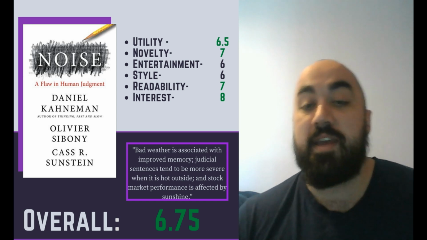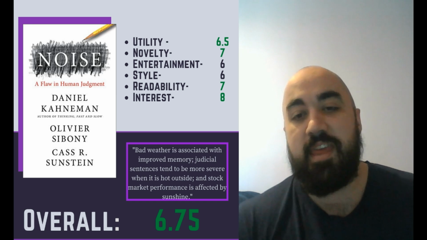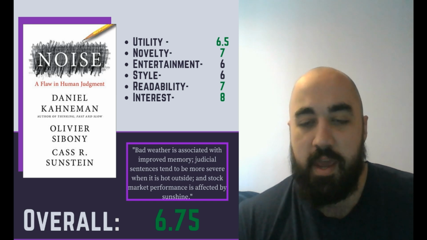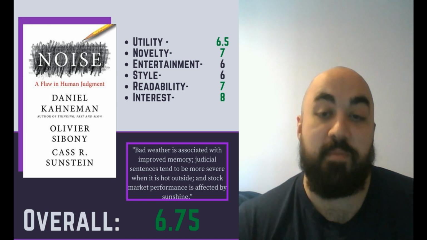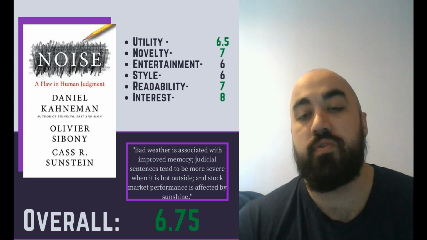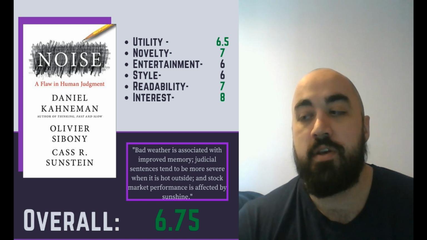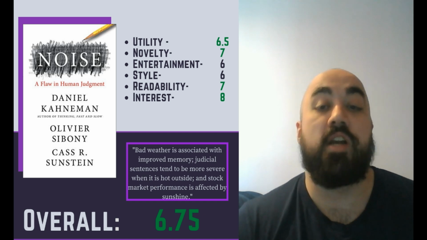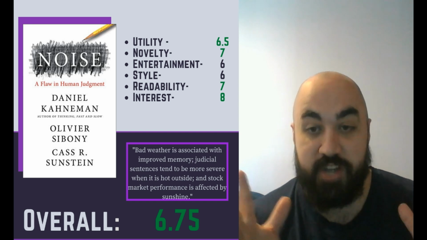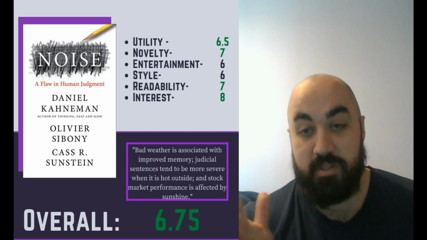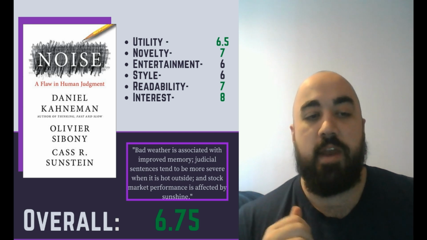So utility, I gave it a 6.5 because I think that by pointing out the way that this type of error, this noise error, can occur, it helps you to perhaps take measures to make your own judgment better. And I think that it does this in a very broad and generalistic way that is applicable to a lot of areas.